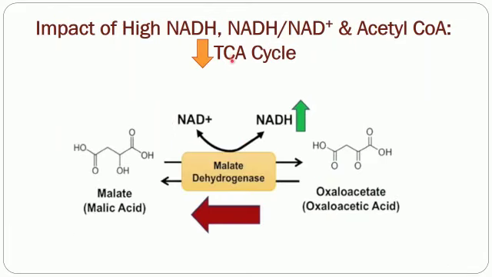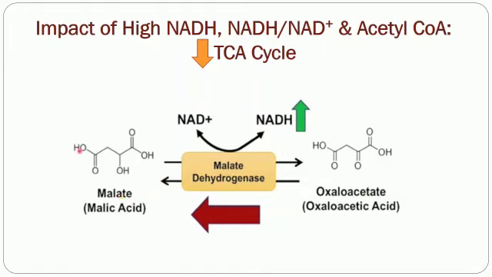The second impact, on the TCA cycle, is that the conversion of malate to oxaloacetate will also be reversed. This is a reversible step. So malate dehydrogenase will not convert malate to oxaloacetate, but whatever oxaloacetate is there will be converted to malate.